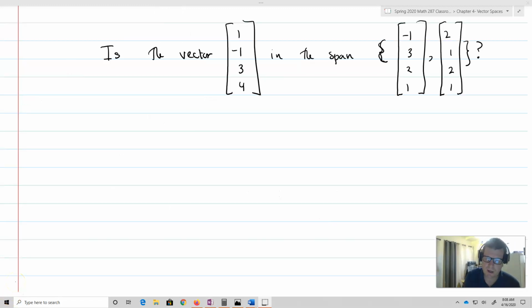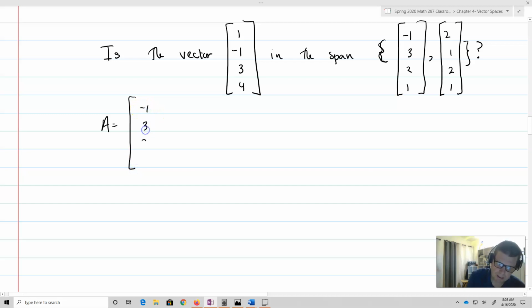So let's ask the question, is the vector 1, negative 1, 3, 4 in the span of negative 1, 3, 2, 1, and 2, 1, 2, 1? Our A here, our matrix of the column vectors, is going to end up being negative 1, 3, 2, 1, 2, 1, 2, 1.